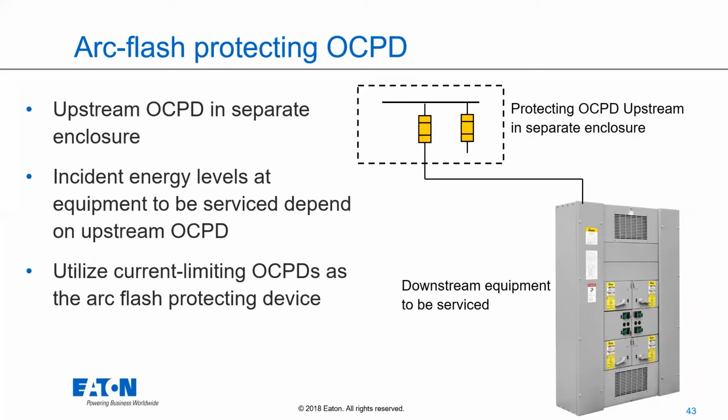That piece of equipment has an arc flash incident energy sticker on it, and that sticker is entirely dependent on what's upstream and has nothing to do with what's inside of it. So having a separate upstream enclosure, particularly one that you could turn off and lock off in order to work on that downstream equipment, and having really good arc flash levels in that upstream enclosure is another really great safety by design measure in order to reduce your arc flash incident energy.